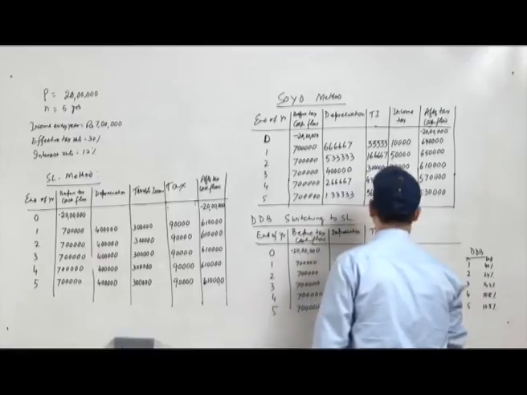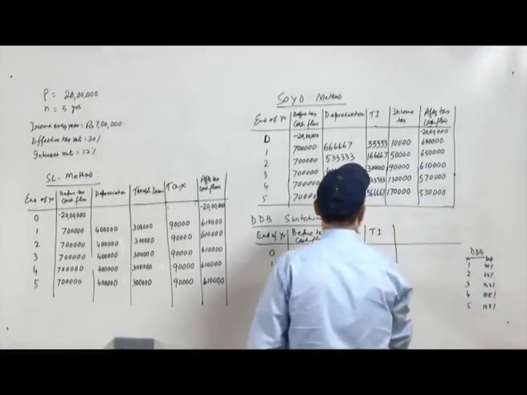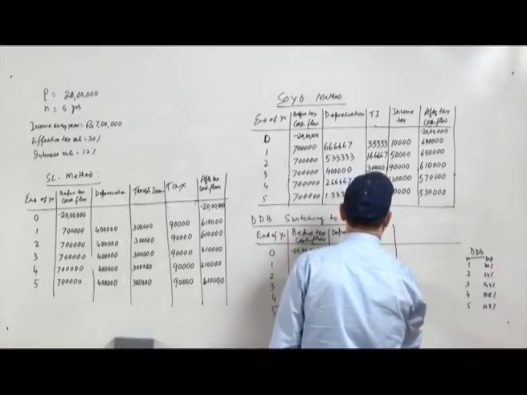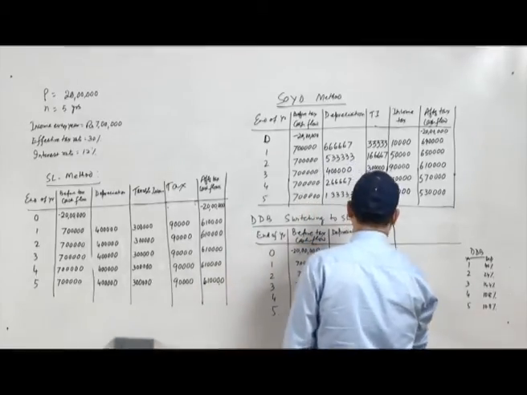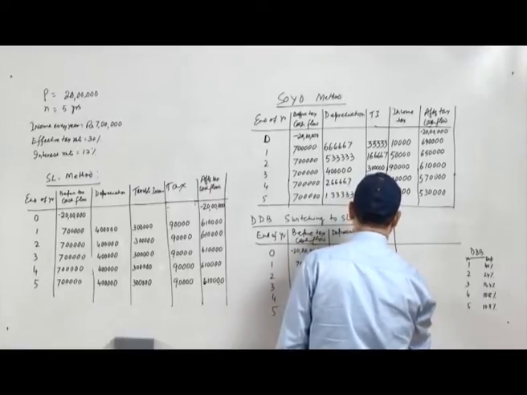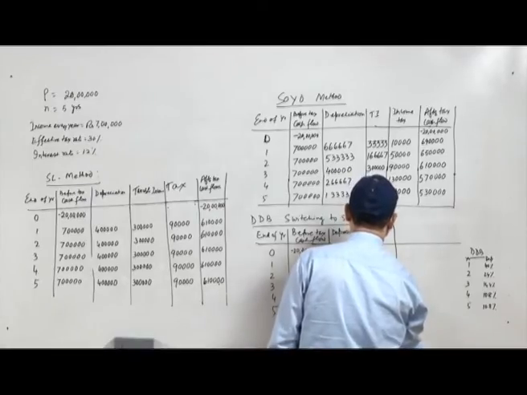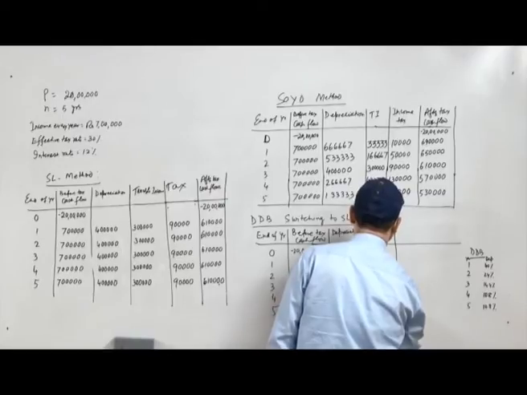So, you get minus of 1 lakh, and then in these cases you are getting 2,20,000, it will be 4,12,000, this will be 4,84,000 and 4,84,000.